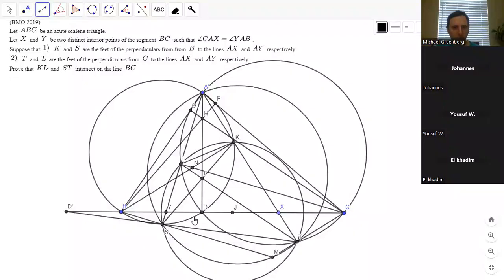ABK and ACL are similar, so AL over AK is just AC over AB. And AS over AT is by the same argument just AB over AC.